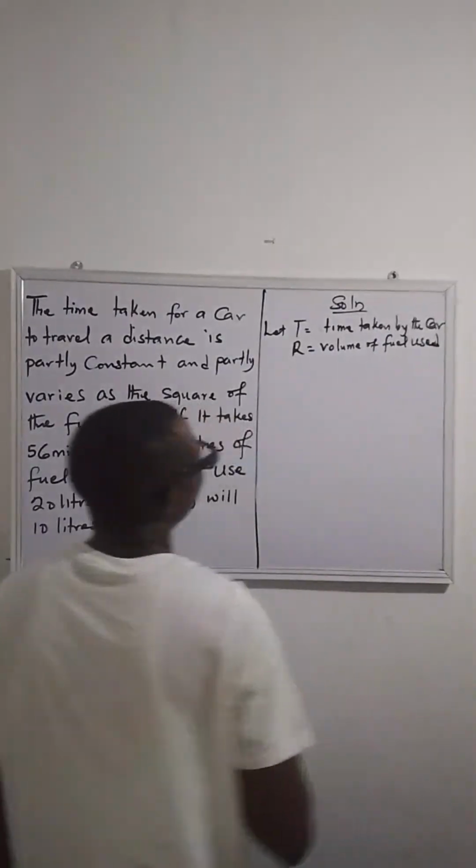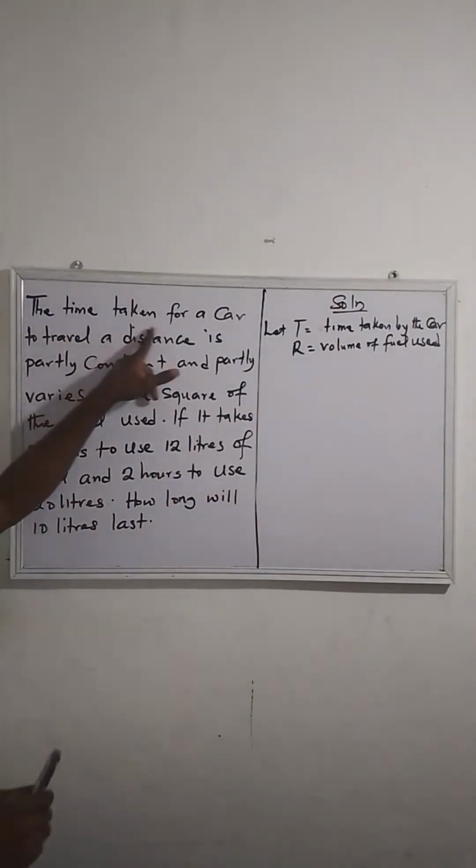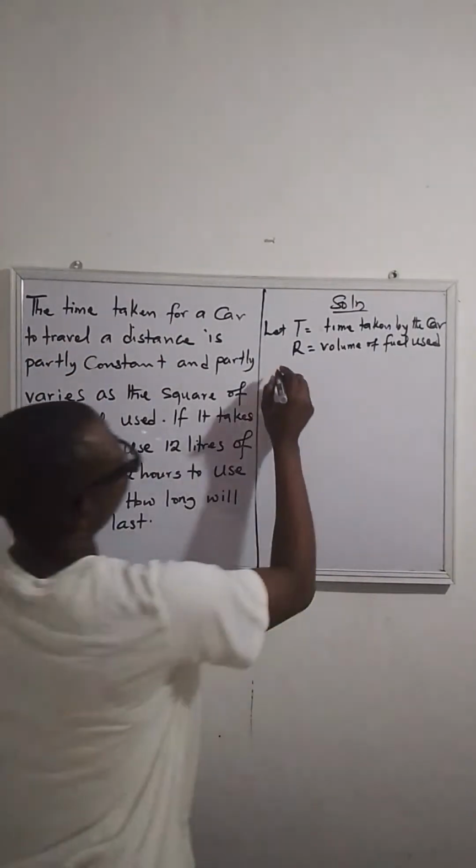Okay. All right. So we can now go back to the question. So the time taken for a car to travel. So we have T.